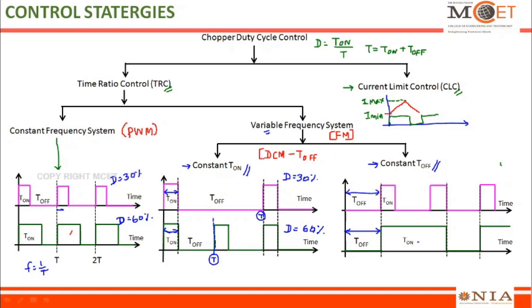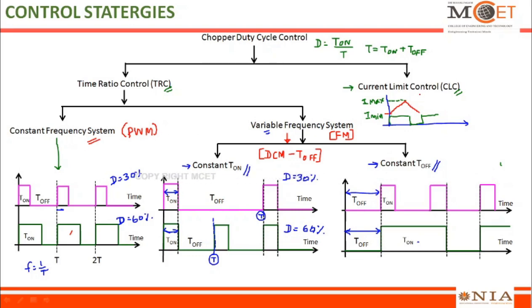So this is another problem which will lead to discontinuous conduction mode in the case of variable frequency system. So these three advantages of constant frequency system make it more superior when compared with variable frequency system, and this system is used in many choppers.